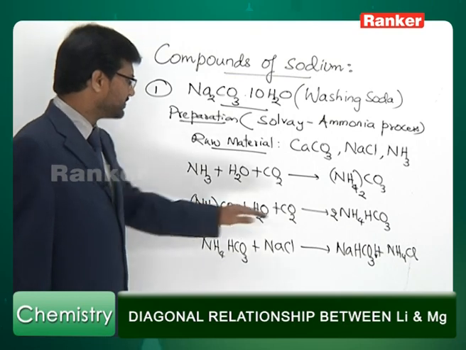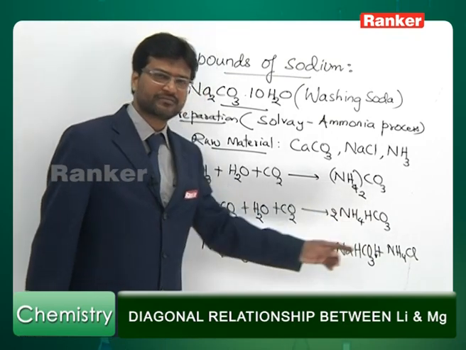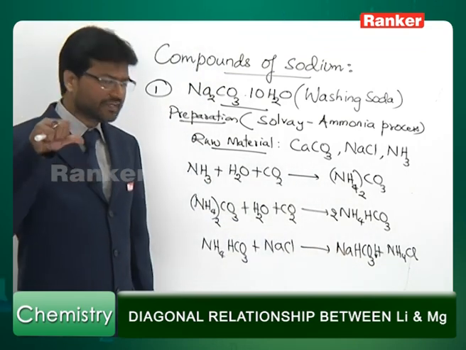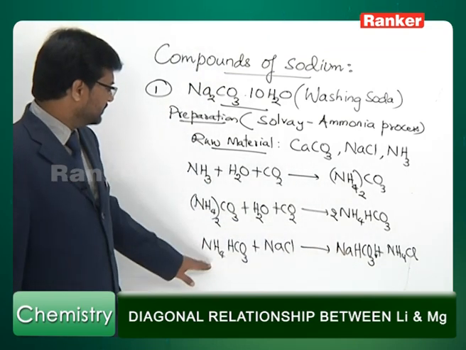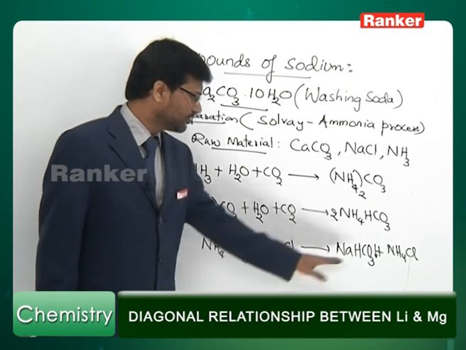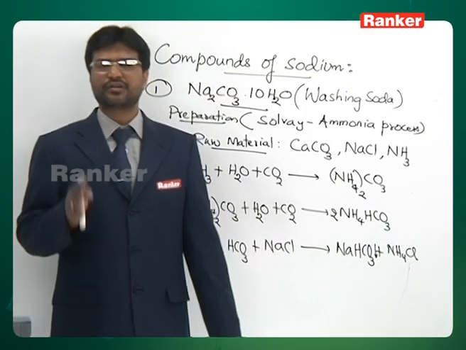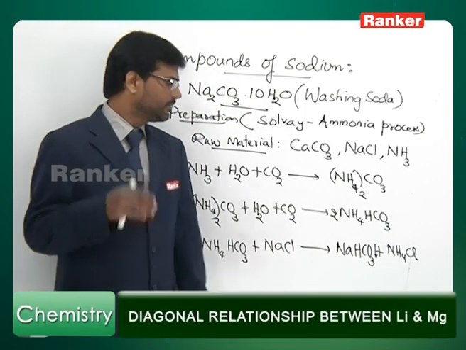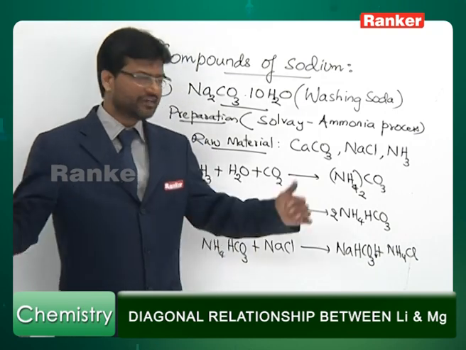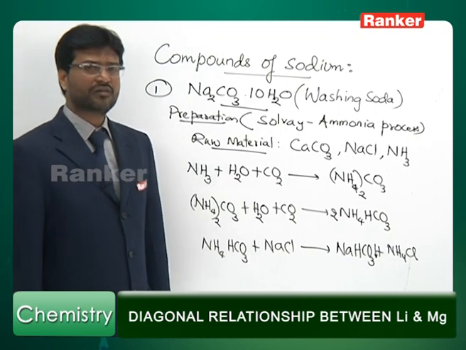On further passing of carbon dioxide, the carbonate changes into bicarbonate because the pH of the solution will be decreased, and then there is an exchange reaction taking place between ammonium bicarbonate and sodium chloride. The reason is low solubility of sodium bicarbonate. Because of its low solubility, it precipitates out and you can filter it out. When you filter it out, what is left out in the solution is ammonium chloride.